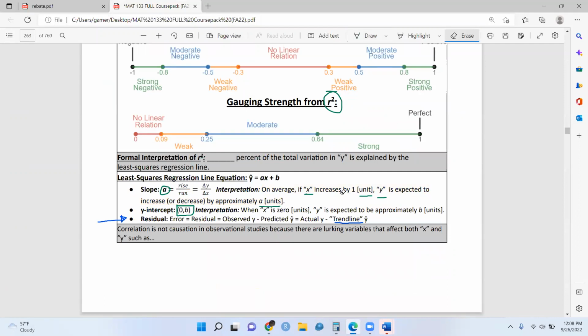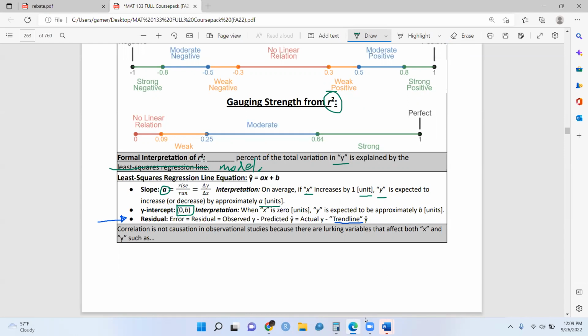It's blank percent of the total variation in Y is explained by the least squares regression line. I like to replace this with just the word model because it's a lot less to write. And it's correct language to call it the model, although it's not as precise, but it's okay.